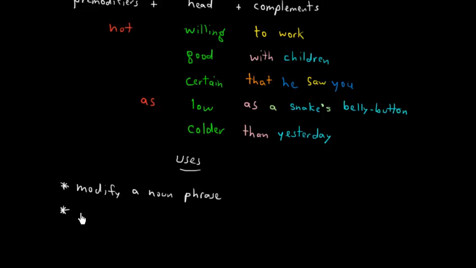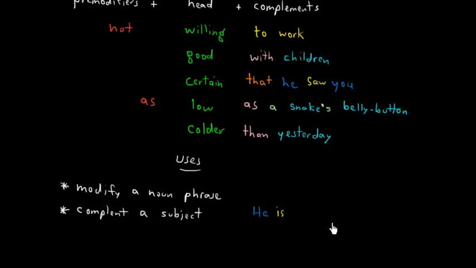Or it can be used to complement a subject. And that one sounds kind of hard, but really isn't. So we'll just say he is, or seems, or becomes, but any kind of a copular verb, and you can go look at the video on verbs to remember what copular is.